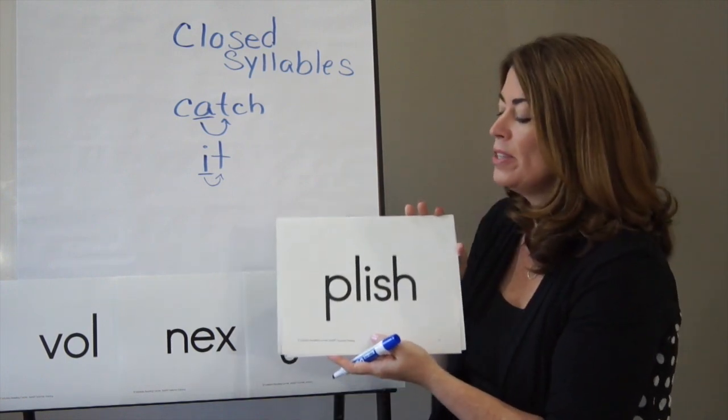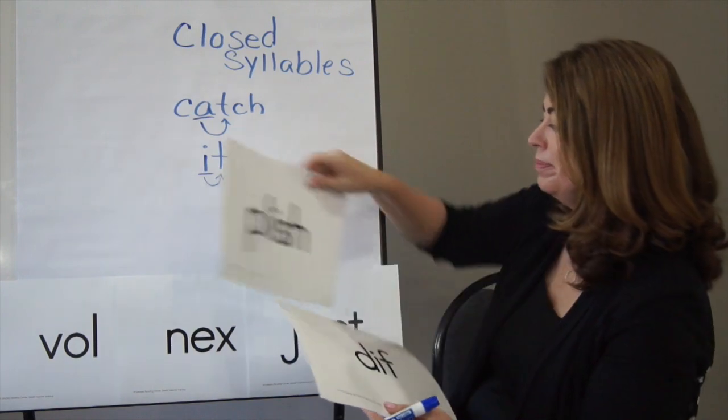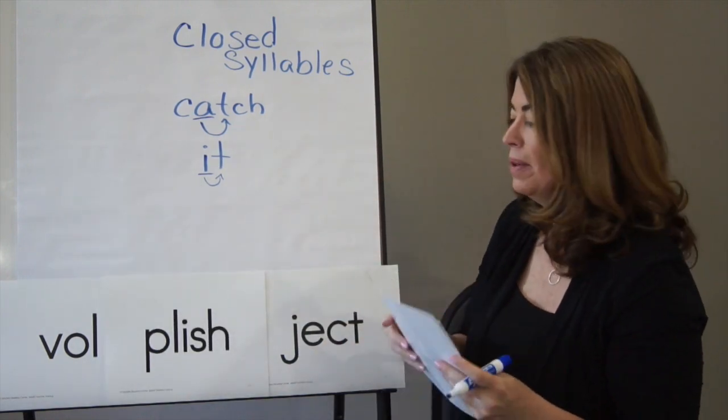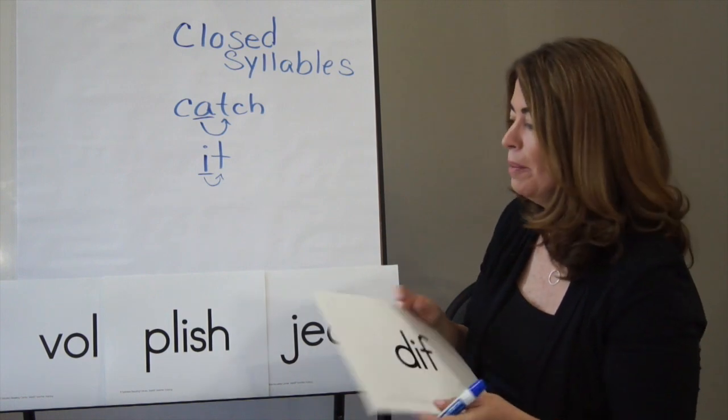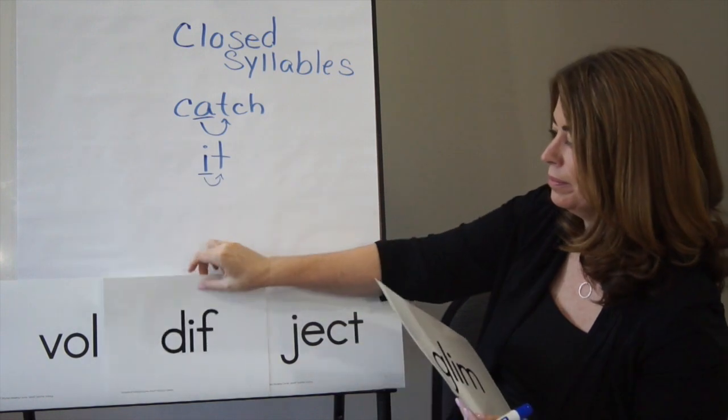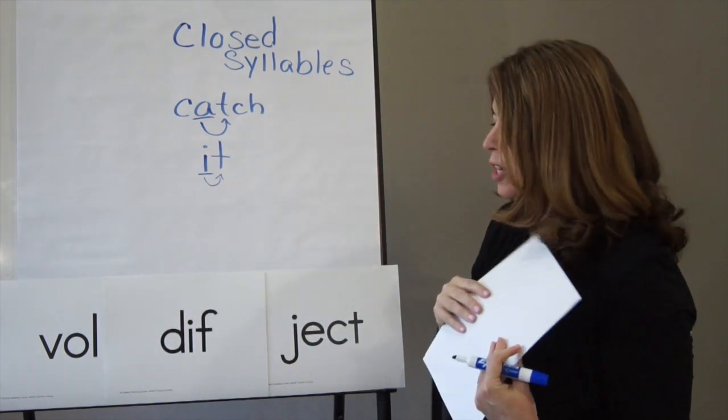And they'll say closed, plish. What's that word? Vol, plish, ject. Okay, that's kind of a weird word as well. Then we have closed, diff, vol, diff, ject.